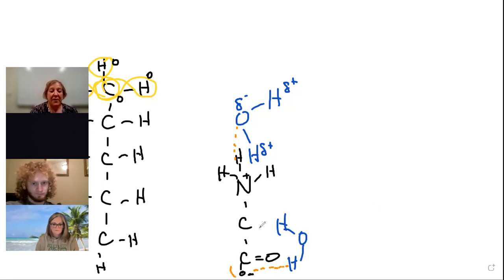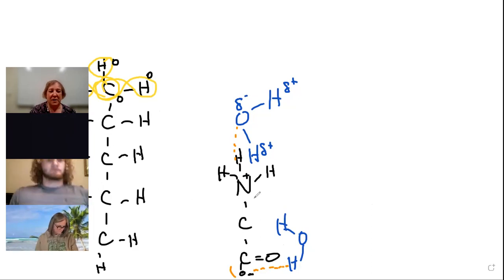So that's why amino acids are hydrophilic. It's because we've got oxygen involved and we've got nitrogen involved, but carbon doesn't pull on them enough. Okay, did that answer your question, Mitchell?